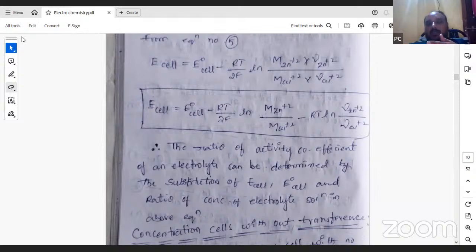How we have to apply the Nernst equation to that particular reaction. Why are we going to apply the Nernst equation to that reaction? Because we have to know the potential of that reaction. That is the advantage.